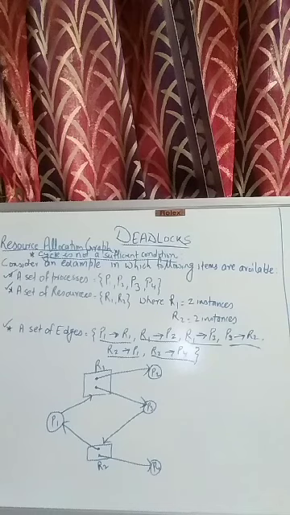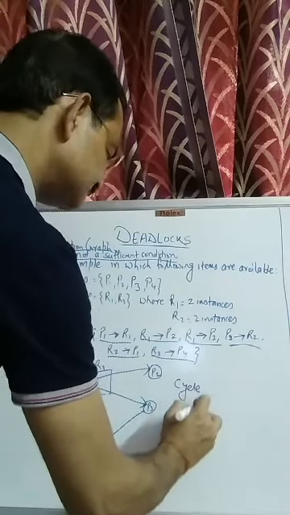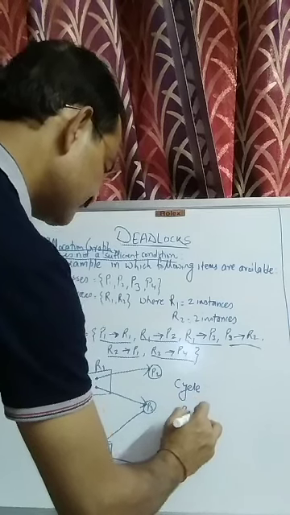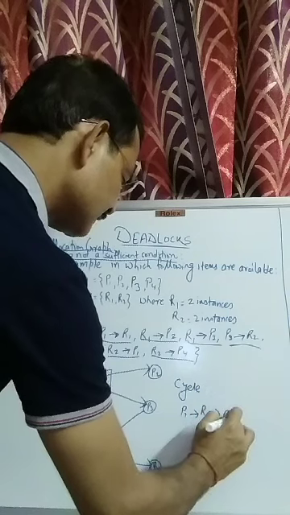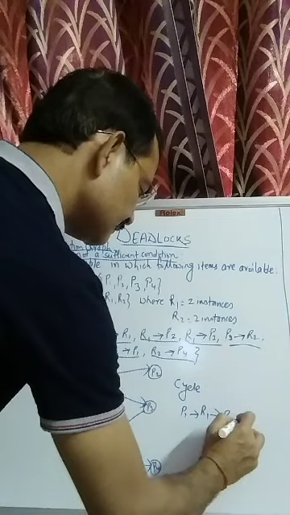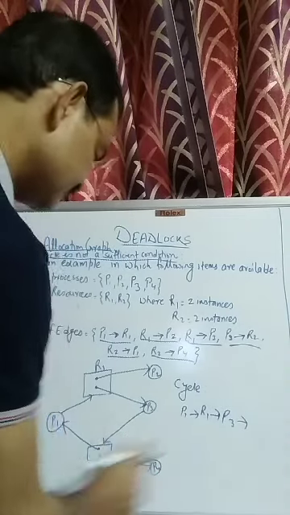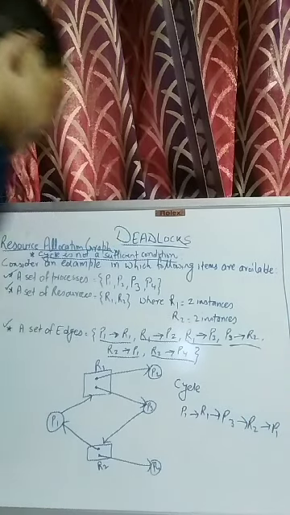Now, in this resource allocation graph, there exists one cycle, as we see here. That cycle is P1, R1, P3, R2, and again P1.